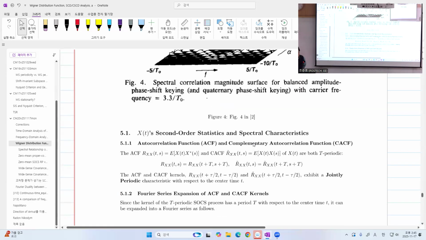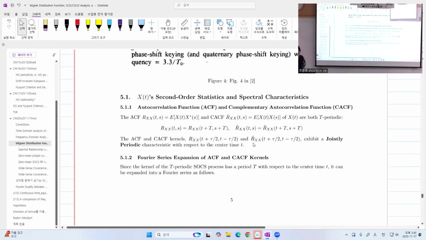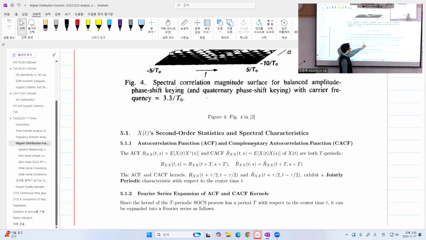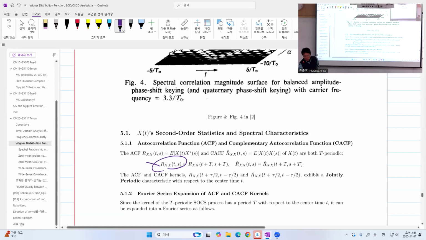You already know from a lot of exams or take-homes, since the cyclostationarity of x of t means this autocorrelation is the same as the autocorrelation at t plus capital T and s plus capital T. You can say that this function of t minus s is periodic in t with capital T.